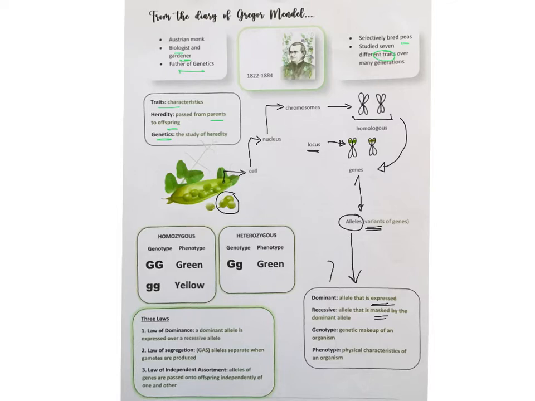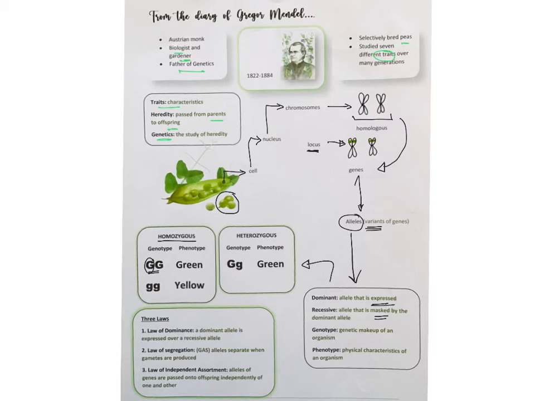So let's consider 3 conditions of alleles. There are only 3 conditions that alleles can happen in. Remember that alleles occur in pairs. So, if we look at the first condition over here, what we have is a homozygous condition for the dominant allele. So the dominant allele is represented by a capital letter.